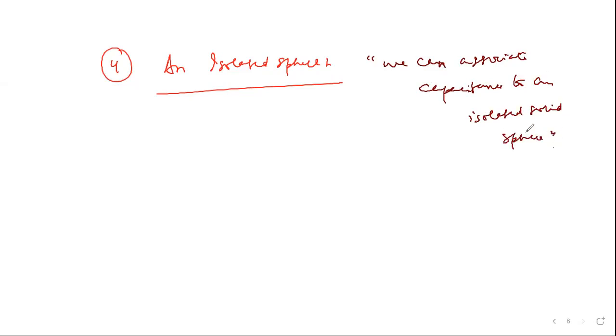How? See, we can associate capacitance to an isolated solid sphere this way.